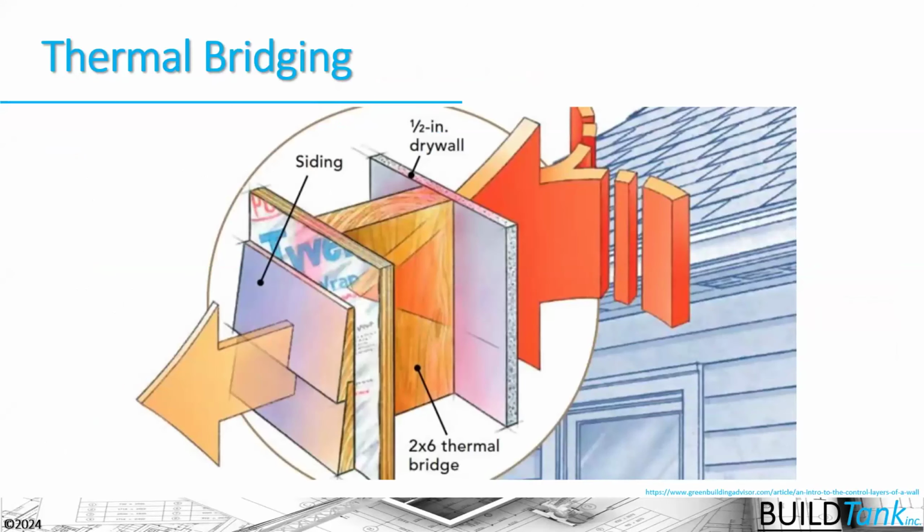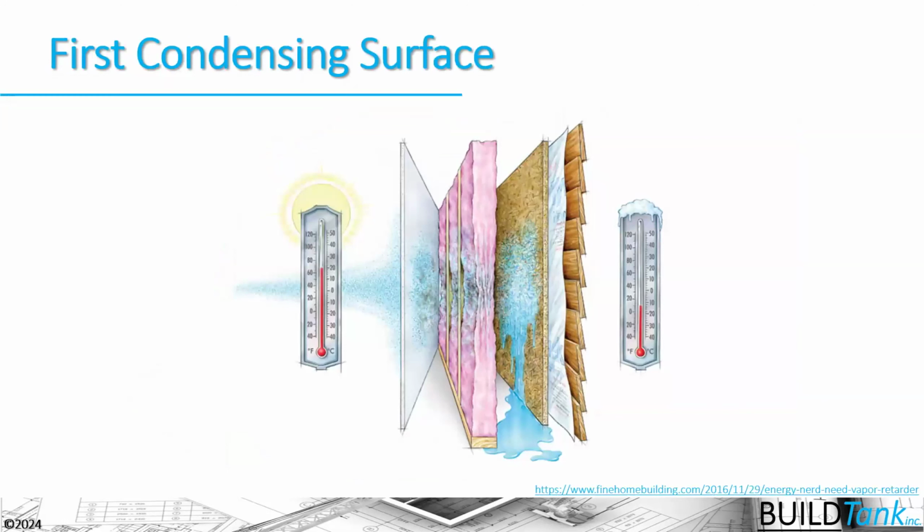The other reason we bring that up is that thermal bridging is a big component of the insulation that's installed in our assemblies. And when we have excessive building thermal bridging and excessive moisture buildup in our assemblies because we're not building a tight enough assembly, we have the possibility of moisture in that assembly condensing on the first condensing surface on the outside.